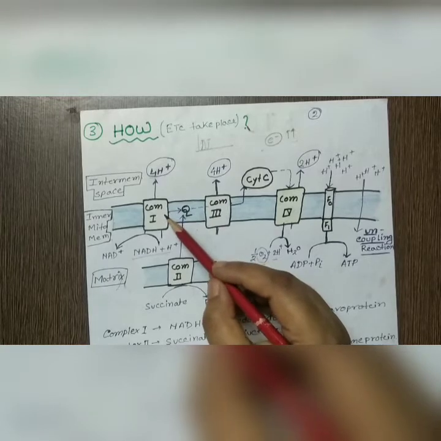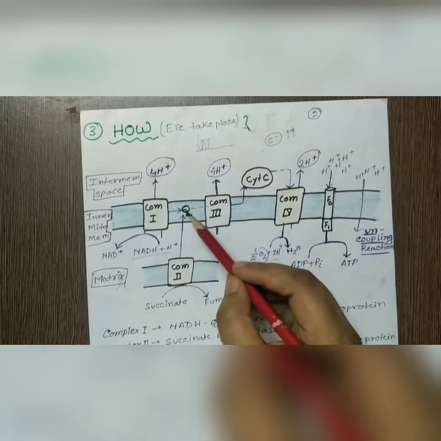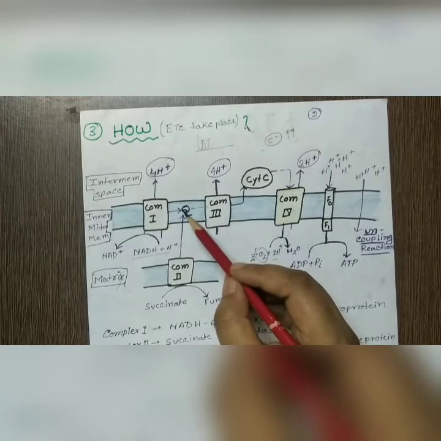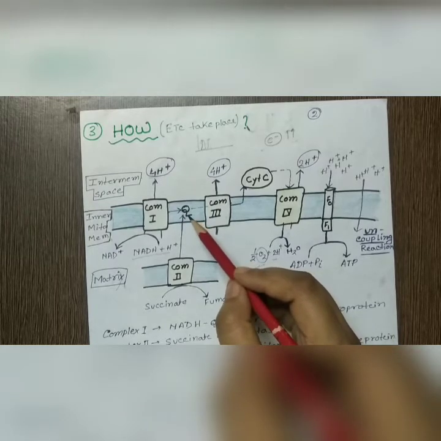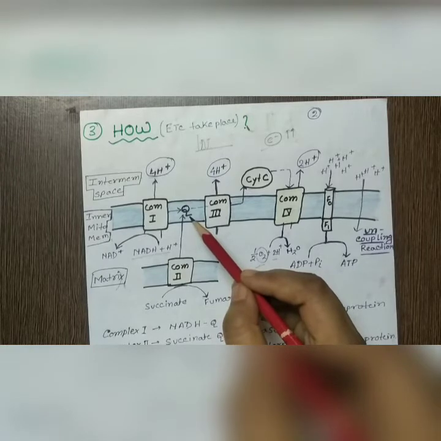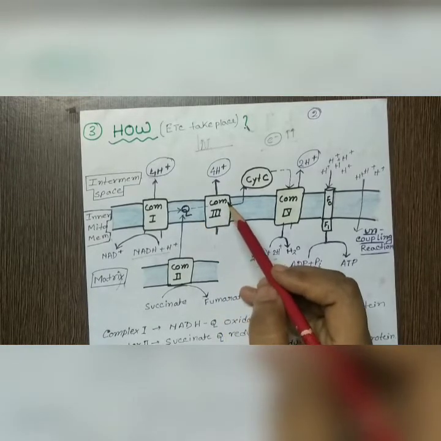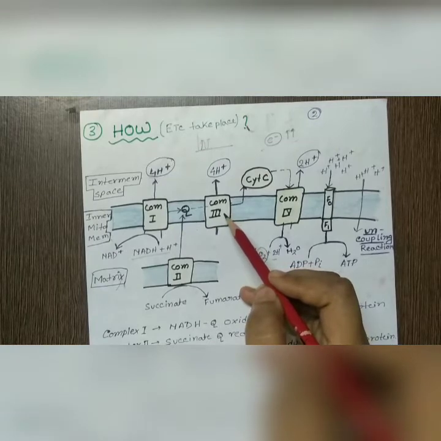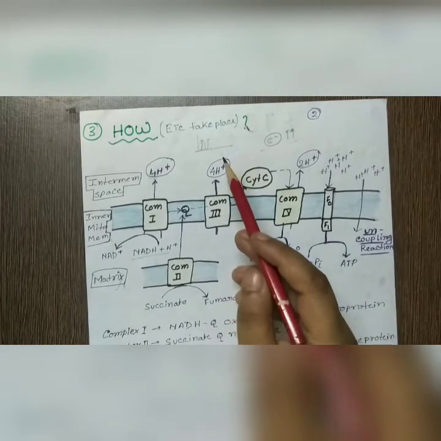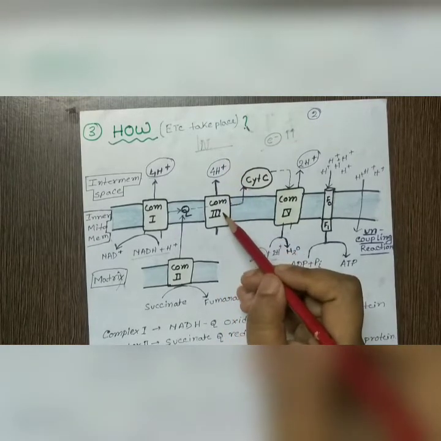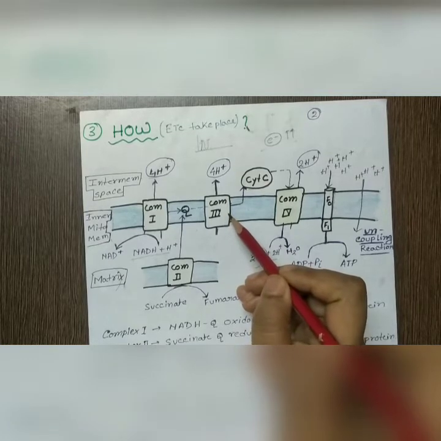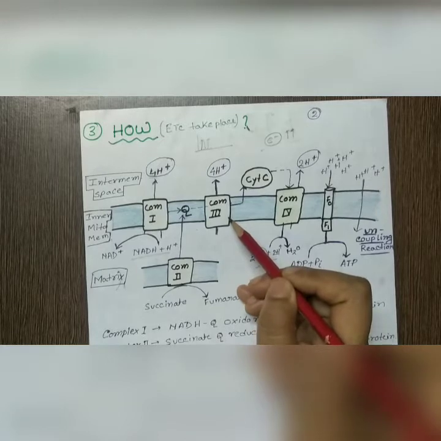Now this electron goes to a transporter. This transporter also delivers this electron to complex third, and this complex third also goes to a higher energy state, but it says no, I can't stay in that state, so it also wants to be stabilized.